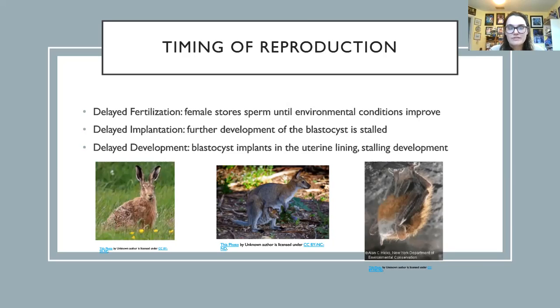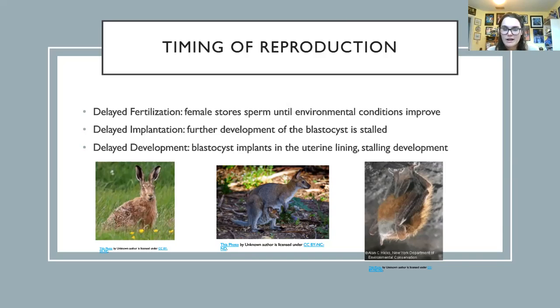There's also delayed development, which is seen in the leaf-nosed bat, and that's where the blastocyst implants in the uterine lining, and because of that, it stalls any further development. And this can delay parturition until food availability is the greatest.